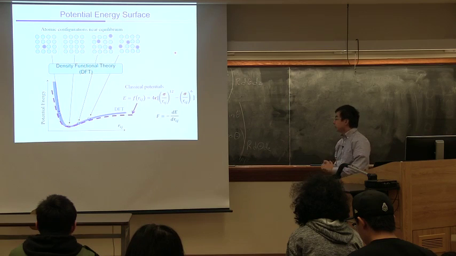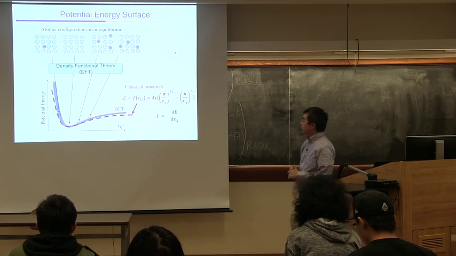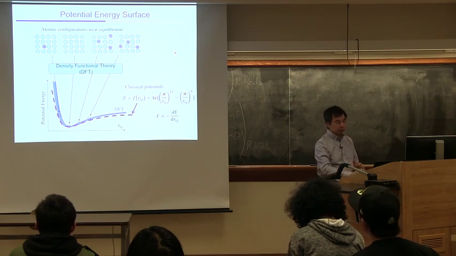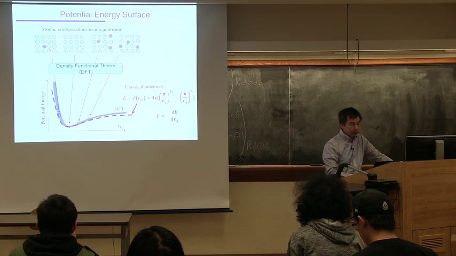Now with DFT, we can add the potential energy surface into the fitting process, right? The atomic configuration near the equilibrium is shown in this diagram. The second configuration is the equilibrium. We have no displacement, so we know that the energy will be the lowest. If you displace one atom, the energy will be higher.